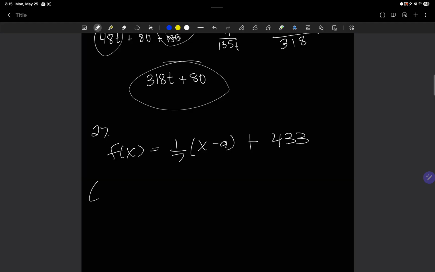So that would be your x? And that's your y. Yep, you plug in 433. The predicted power, though. So 433 minus a times the 1/7 is equal to... No, 433 is here. So this is the x.